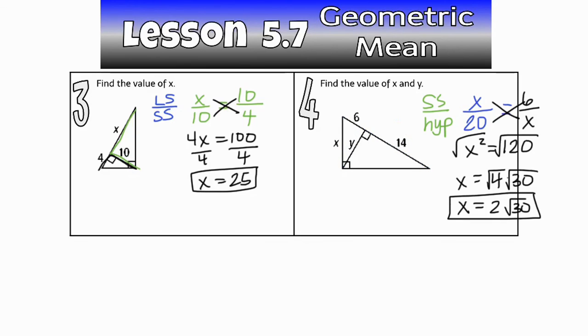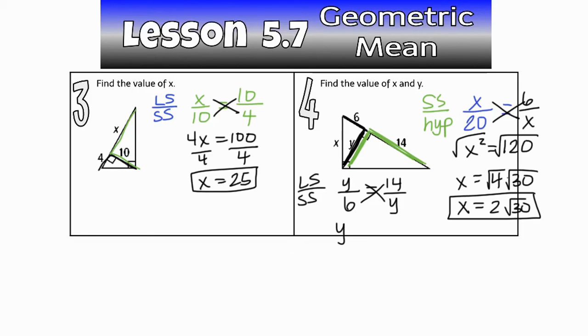And so y is a short side and a long side of that triangle. And I have a short side and a long side. So we have long side, short side, and then we have long side, short side. So we have long side divided by short side. So long side is going to be y, short side is 6, and then we have long side, which is 14, divided by short side, which is y.